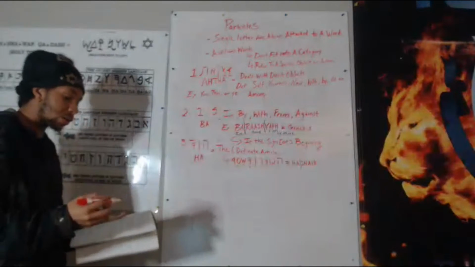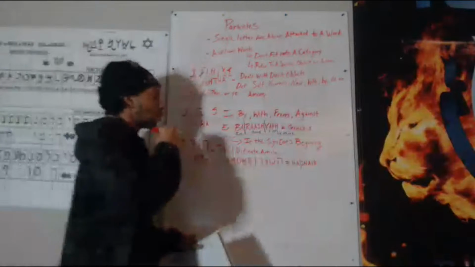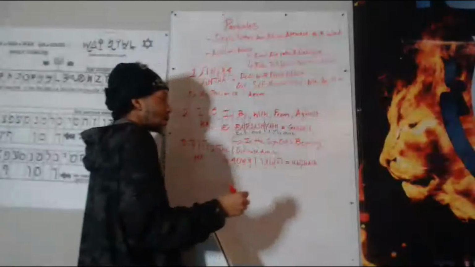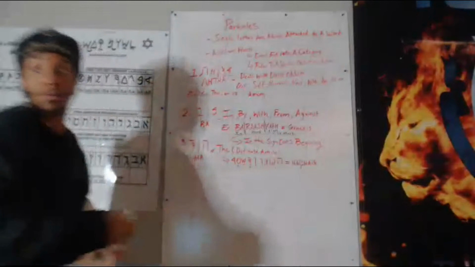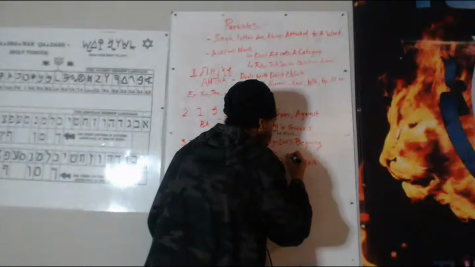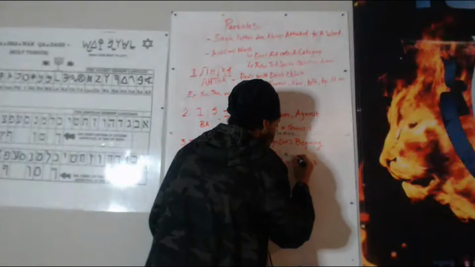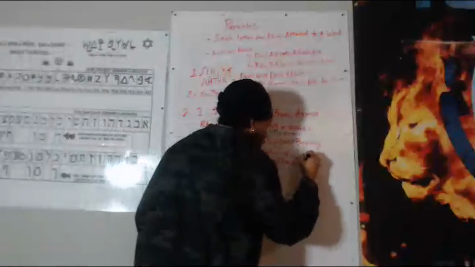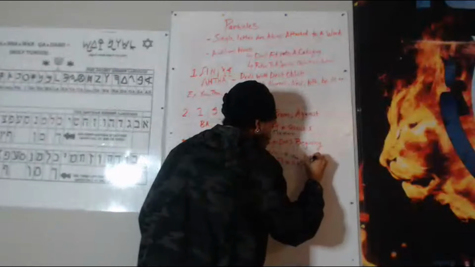So all right, ha, of course, ha means the. Okay? That's what ha means. Ha means the, and sha'ar means for, you know, like the poor, the one that does not have much.